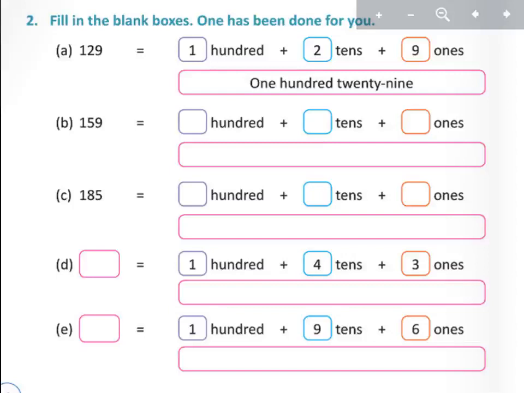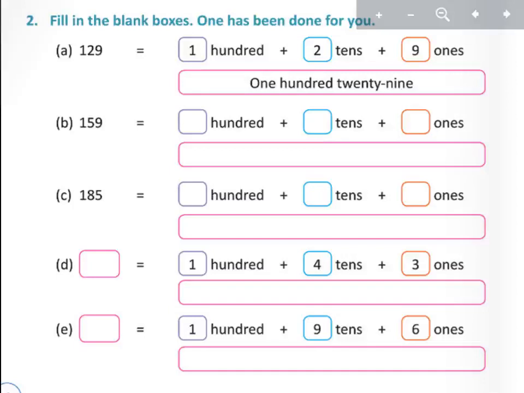As you see, there are 3 places. Hundreds place will be 1, so write 1 before 100. Tens place 2, so write 2 in the box near tens. Ones place 9, so write 9 next to the box ones.